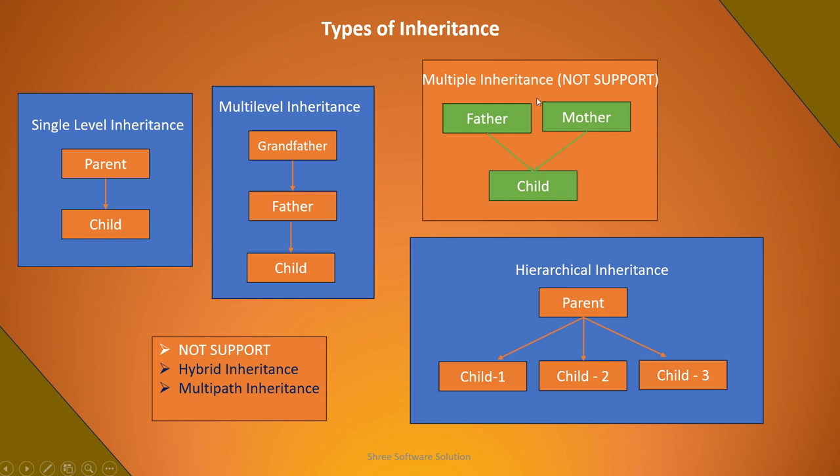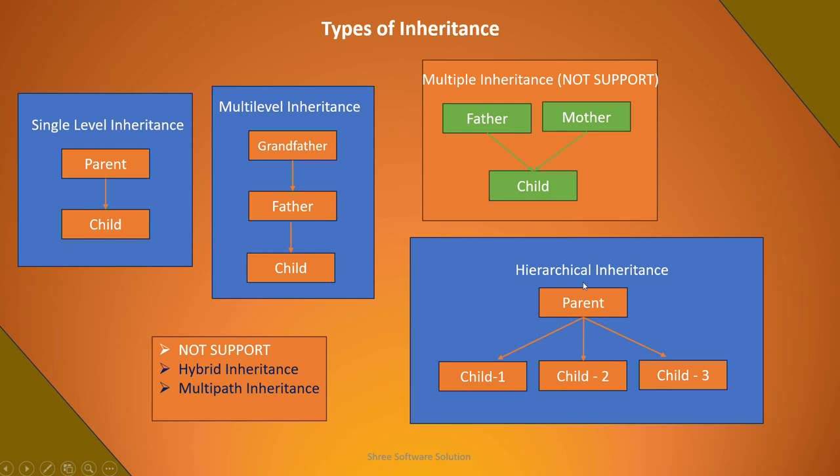And multiple inheritance is not supported, where we have two base classes, one child: father, mother, and the child. This one is not supported, and as well hybrid and multipath are also not supported in high level languages. So now we are going to see the practical session for single level inheritance, multi-level inheritance, and hierarchical inheritance.